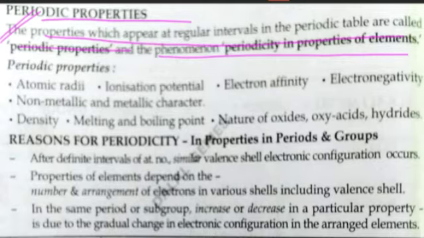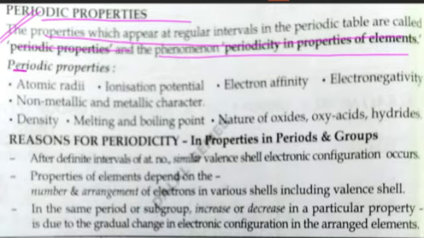If it is asked periodicity in properties of elements, then you have to write the phenomenon in which properties appear at regular intervals in the periodic table. And if it is asked periodic properties, then you have to write the properties which appear at regular intervals in the periodic table. You can rewind the video 5 seconds, hear what I have said and write that definition in your notebook.